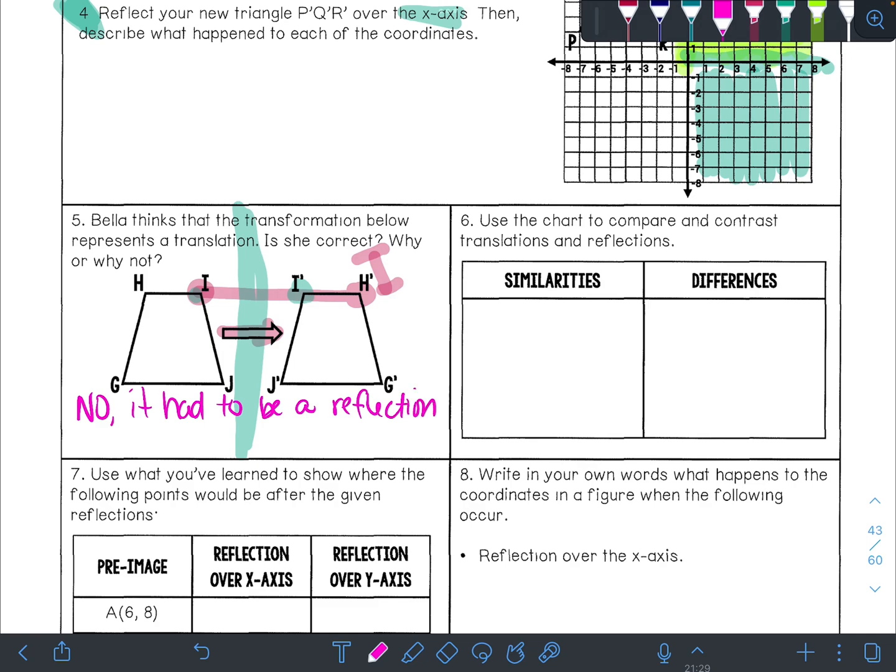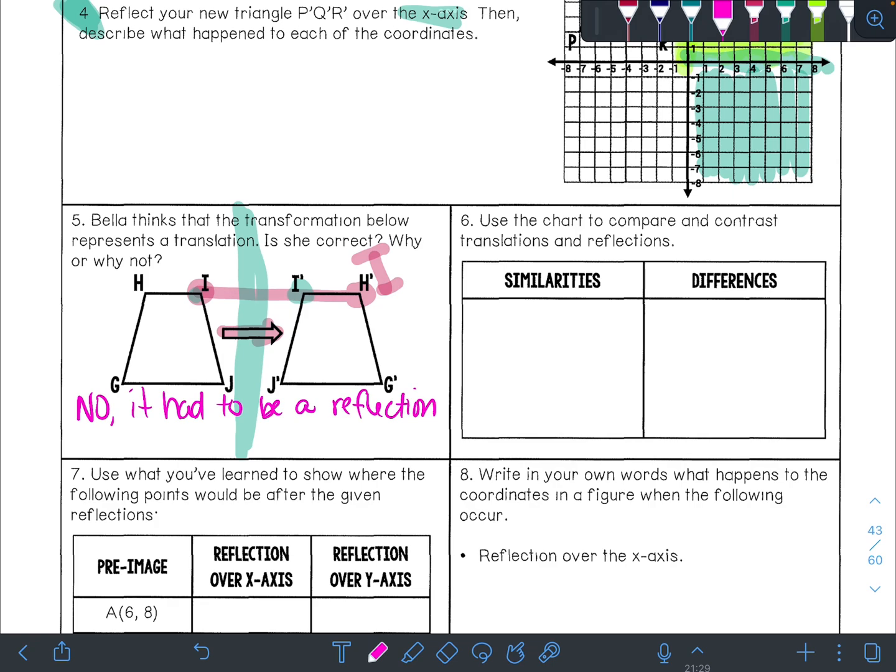And then a couple of things I want you to think about for just a second: the similarities and differences between translations and reflections. So we've dealt with dilations, we've dealt with translations, and now we're looking at reflections. Something that is similar about them is that the pre-image and the image are the exact same size, right? They don't change in size or shape.